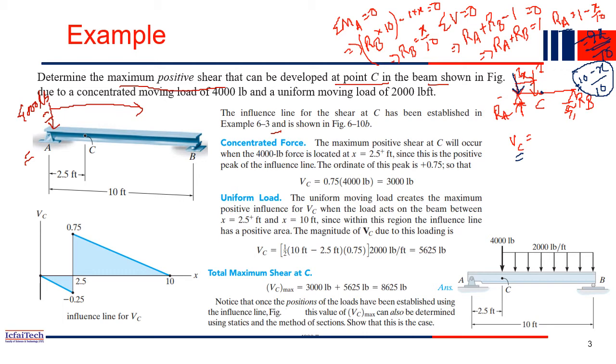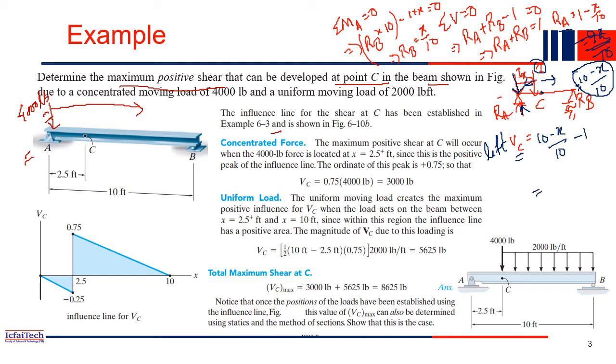Now here there are two cases. If the unit load is on the left side of C, you will get one equation, and if the unit load is on the right side of C, then you will get another equation. First, when the unit load is at the left side of C, what will be VC? VC will be simply the RA value we already computed, (10 minus x) by 10, acting upward, minus 1.